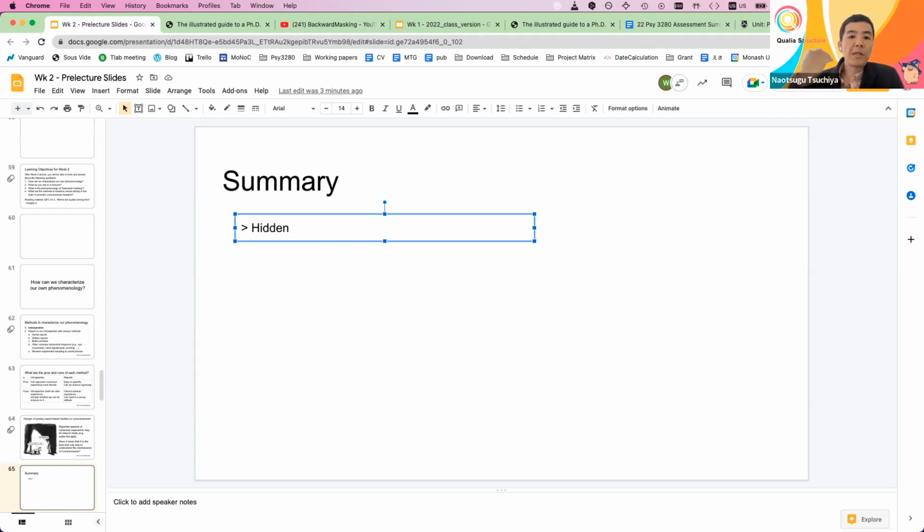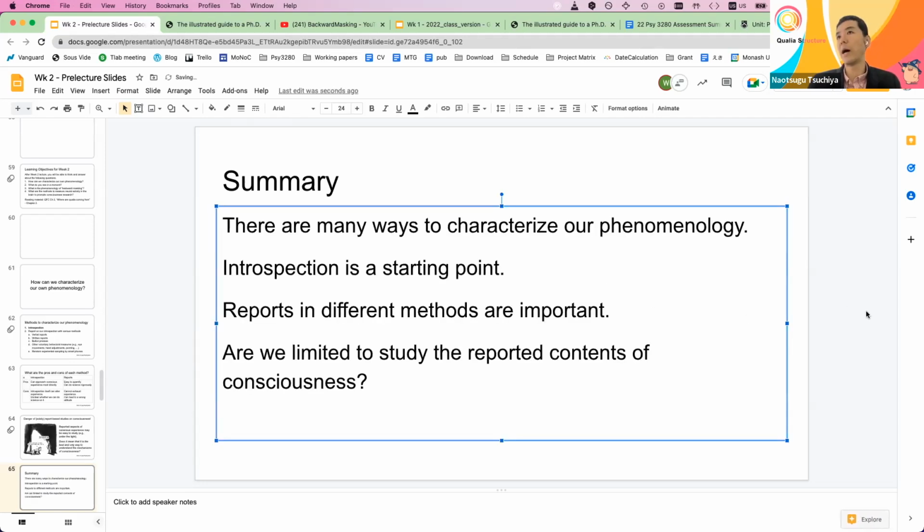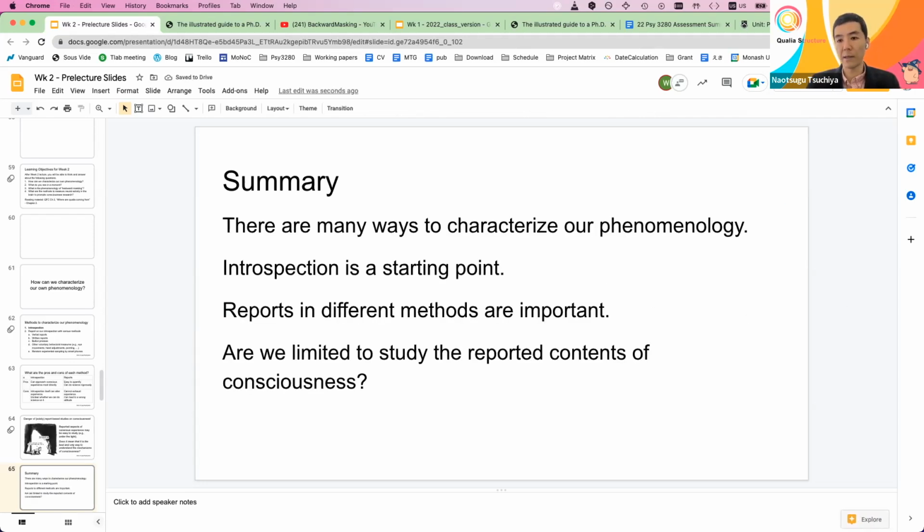But reports and different methods are also important, and there are many ways to do that as well. But we shouldn't be limited to the study of the reported contents of consciousness, as I will explain in the next section or demonstration.